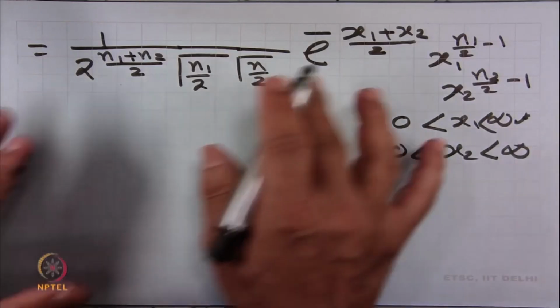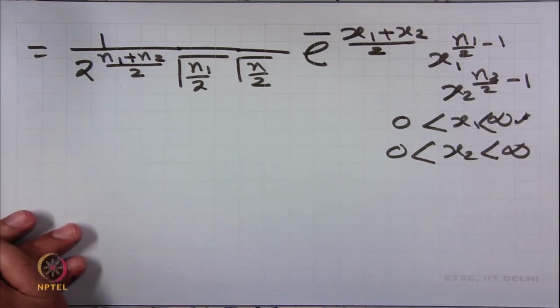So, this is the joint distribution of x1 and x2.